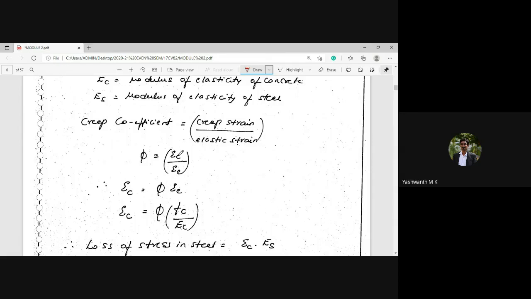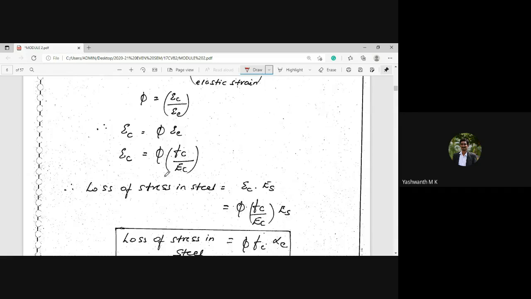Therefore epsilon c is equal to phi into epsilon e, where epsilon e, the elastic strain, is given by fc divided by Ec. By this we calculate the strain in concrete. Next, the loss of stress in steel is equal to epsilon c, that is the strain in concrete, multiplied by the modulus of elasticity of steel. So this will get you the loss of stress in steel.